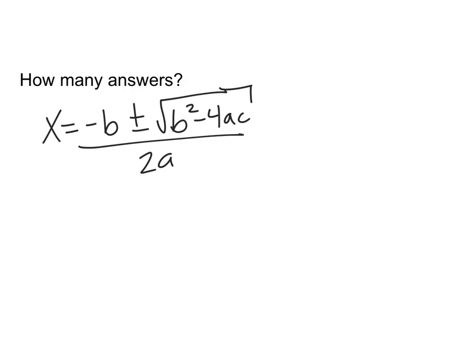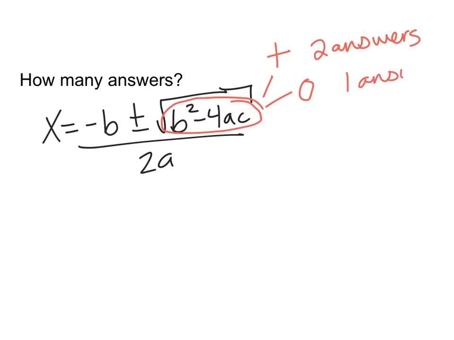All right, so far, hopefully you've noticed that if this number under here ends up being positive, then you're going to get 2 answers. If that number ends up being 0, then you're going to get 1 answer. If that number ends up being negative, you're going to get no answers.